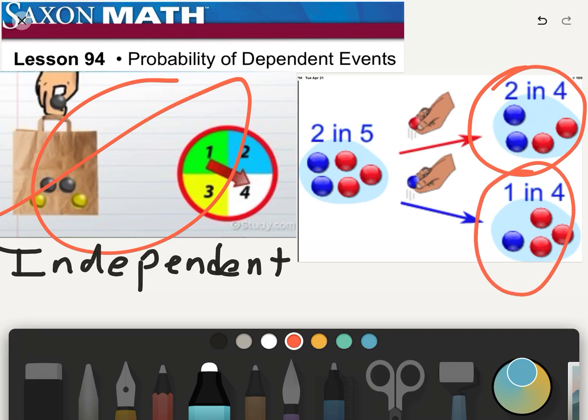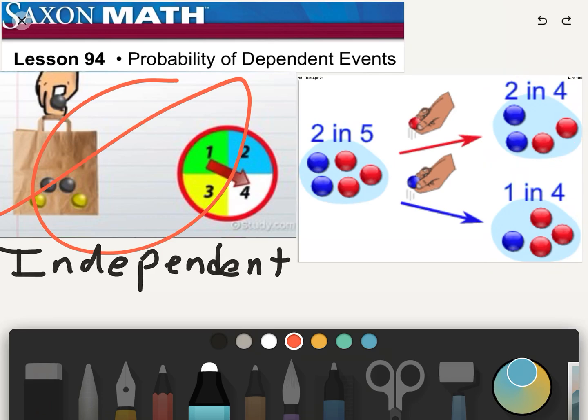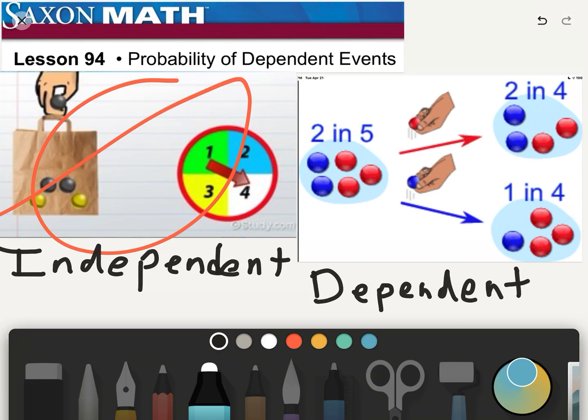Because if you drew the blue, then you go from a 2 in 5 chance to a 1 in 4 chance. And if you drew the red, then it turns from a 2 in 5 chance to a 2 in 4 chance. So since these things affect each other, these are called dependent events.